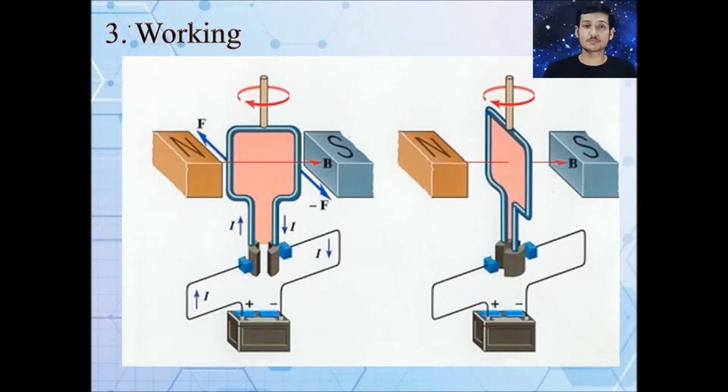Now how does it work? The conductor is placed in a magnetic field. So if there is a current in this conductor, it will experience a force. And in order to find the direction of force, we use Fleming's left hand rule. So let's say we have this coil. On this side, the current is going in upward direction, and the magnetic field direction is always from north to south outside a magnet.